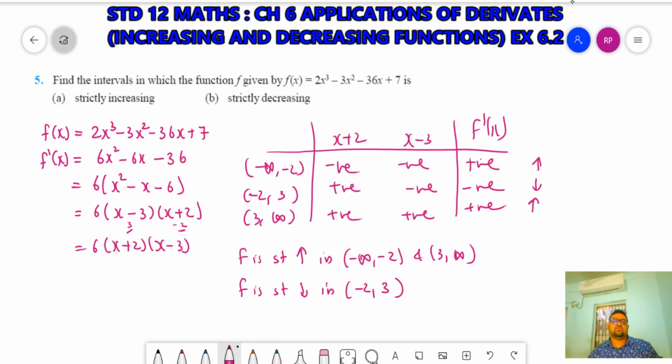Okay, remember how to make this interval. Take this equal to 0. x minus 3 equal to 0 means 3. x plus 2 equal to 0, that means x equal to minus 2. Starting from negative, minus infinity to minus 2, minus 2 to 3, 3 to infinity. Okay, so this was about question number 5. So just note it down.